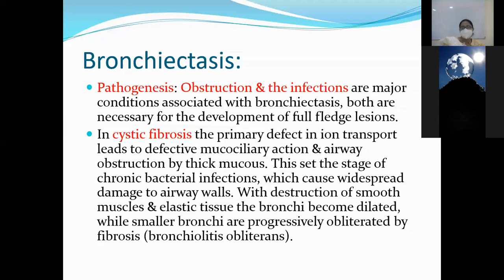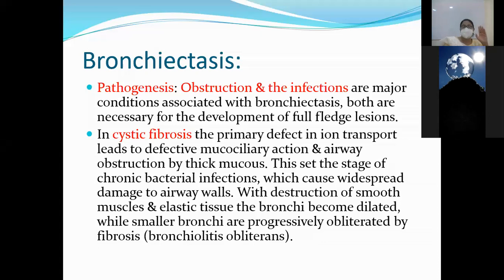In cystic fibrosis, anyone can ask what is cystic fibrosis? The primary defect is in ion transport, of chloride ion, which leads to defective mucociliary action and airway obstruction by thick mucus. There is ciliary dysfunction and thick mucus formation.